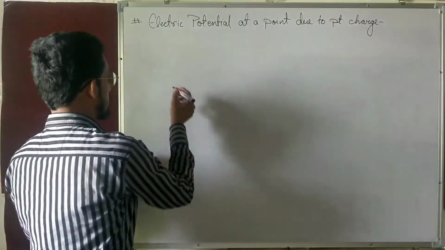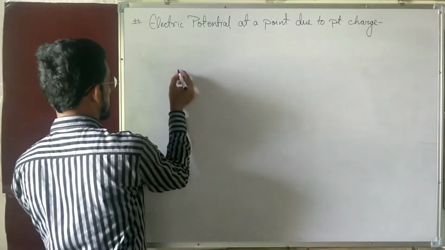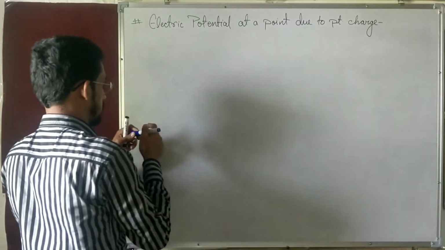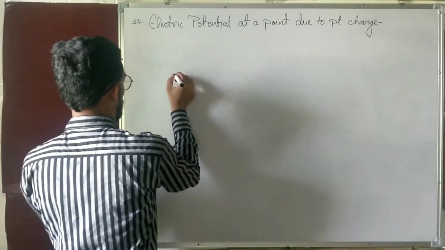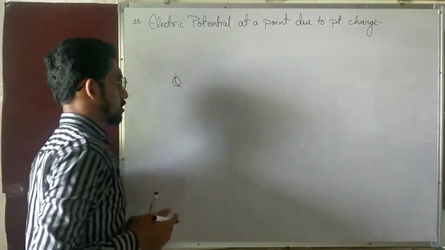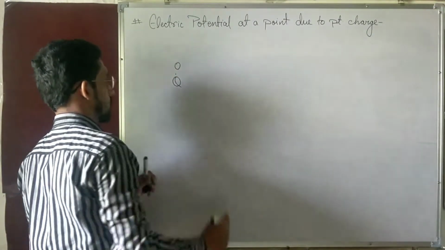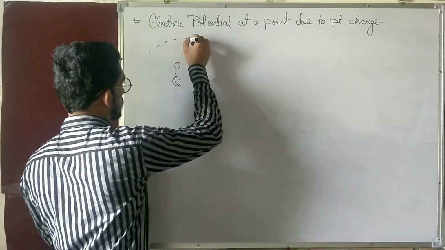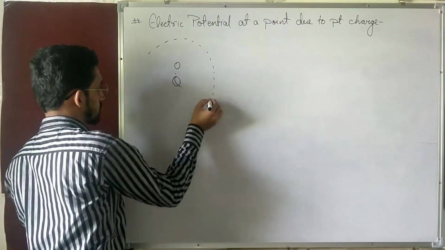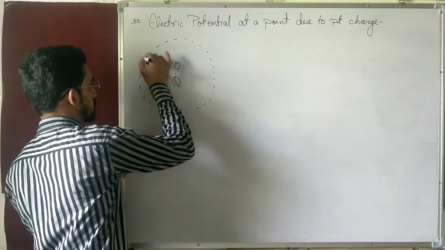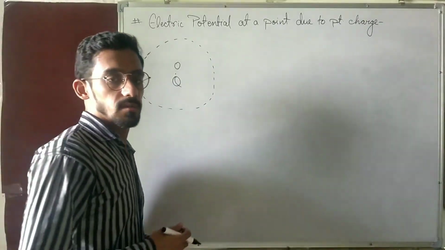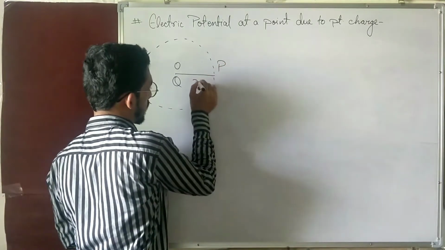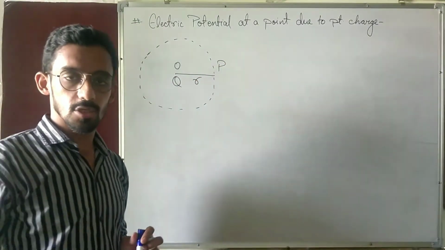So first of all, for that we will consider a point charge Q. Let this be a point charge Q, which is placed at a point O, and now let this be the electric field near this charge. And now we will consider the point P at a distance of r from the charge Q.